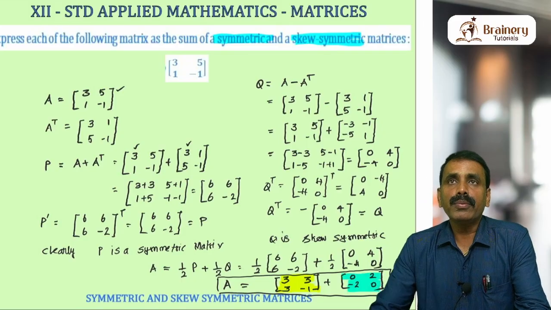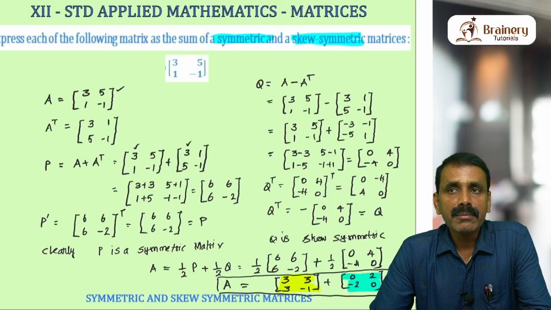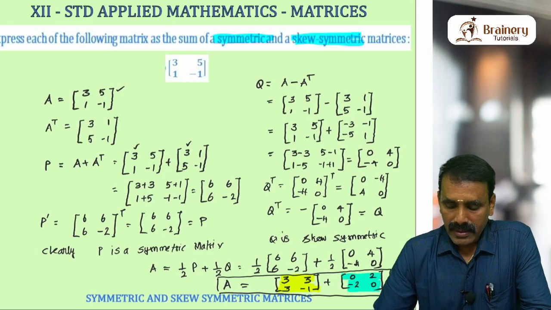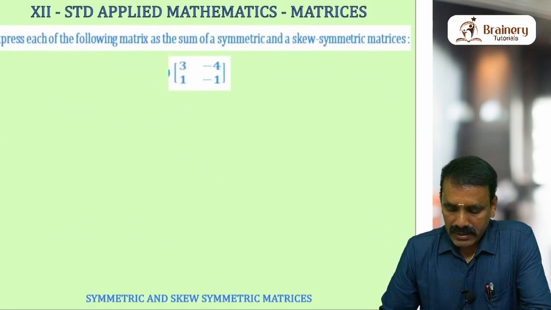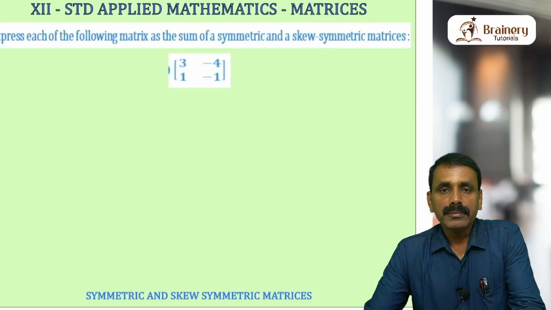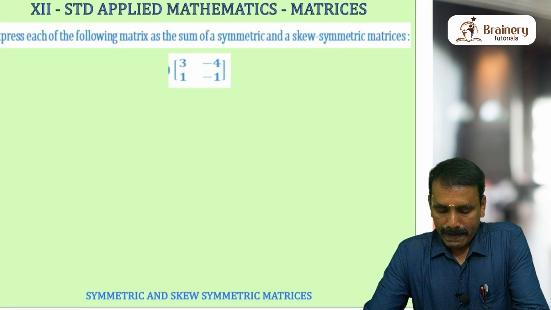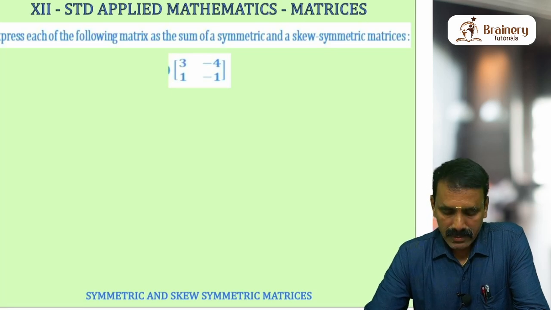So this is how we have to prove or write the given square matrix in terms of sum of symmetric and skew symmetric matrix. You can follow the same method to prove this problem. Okay, you can try at home. You can practice this problem.